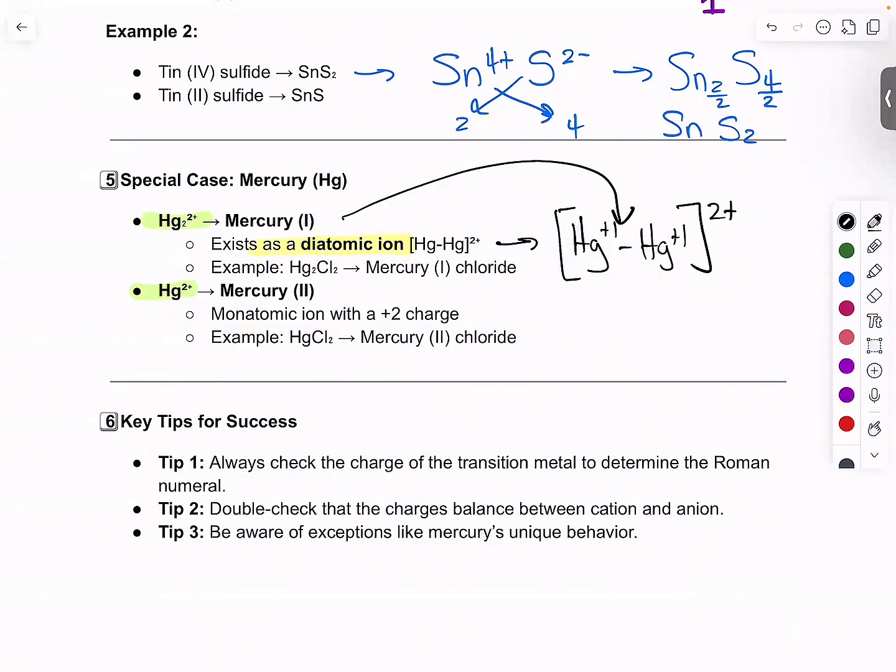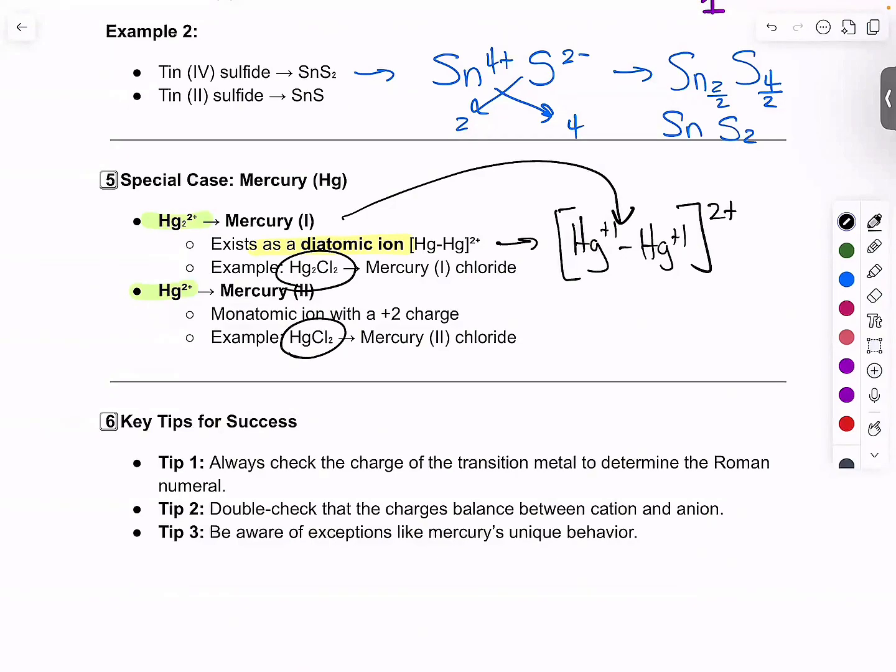So just know it's kind of a trick question. I see it come up on quizzes and tests and things like that. It's an exception. Be very, very wary. They just might give you a compound and have you name it, right? Or they might say, which mercury are we talking about here, one or two? And of course, they give an example here, Hg₂Cl2, and then we have HgCl2.